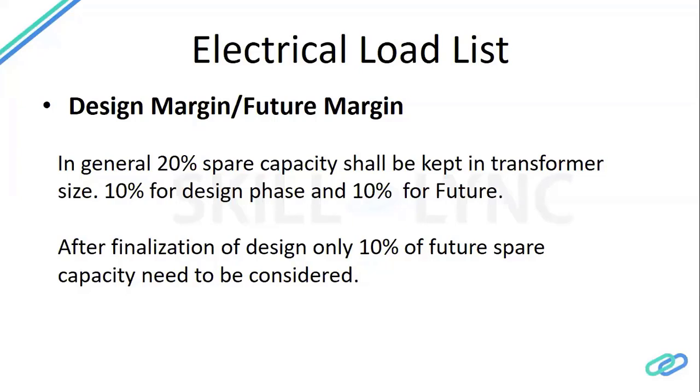AC load will increase, maybe in the building someone will put in more AC than calculated, and they may be planning to add one more story. So accordingly we will keep the future margin. If anything is not specified by the client or the customer, then at least you can have a 10% future space capacity considered from the transformer, apart from the total present load.